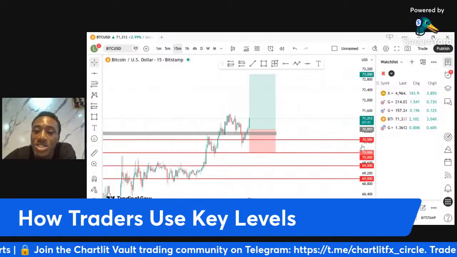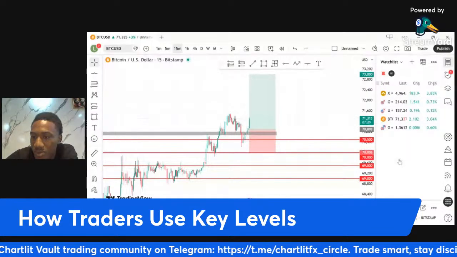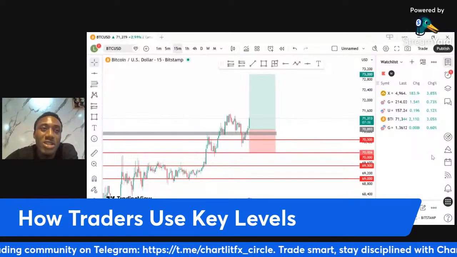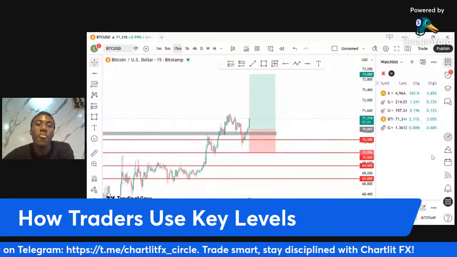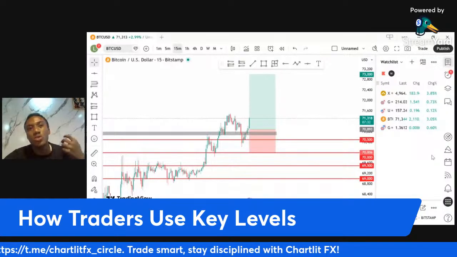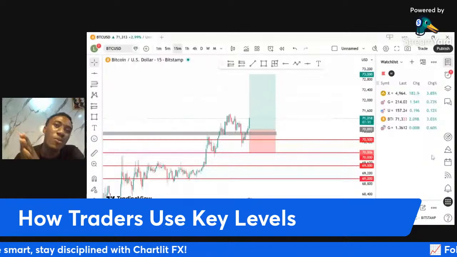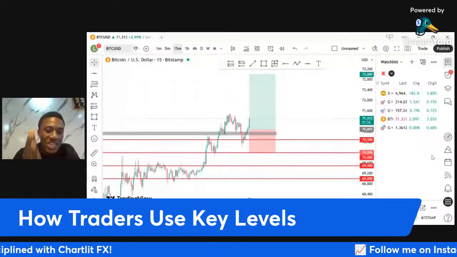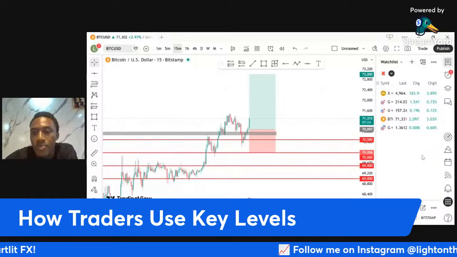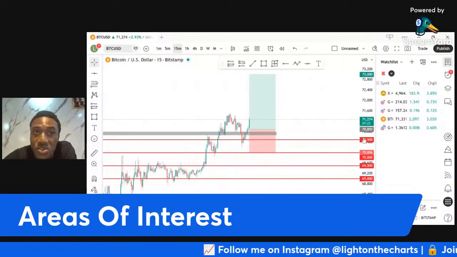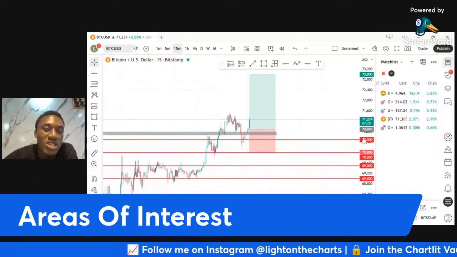And then how traders use key levels. Traders use key levels to get into the best price or the best time to get into the market. They show areas of interest, like where you are interested in.